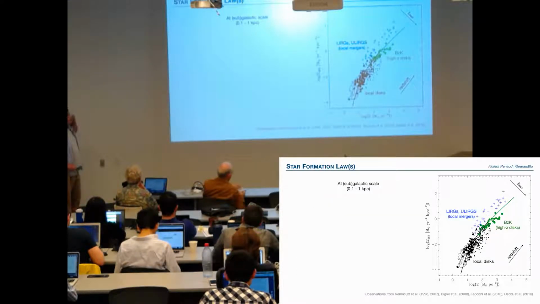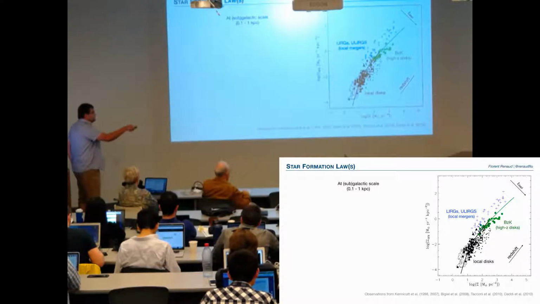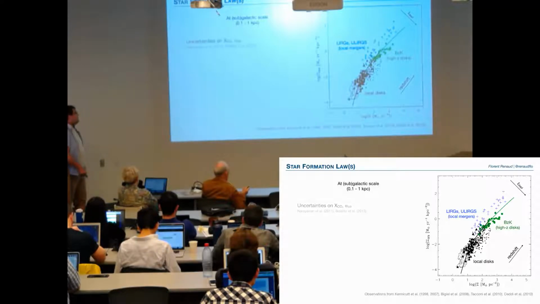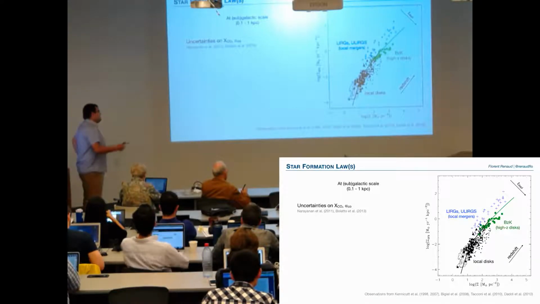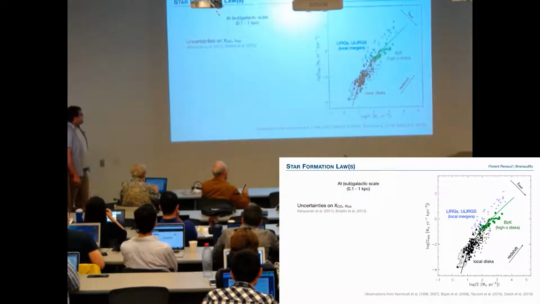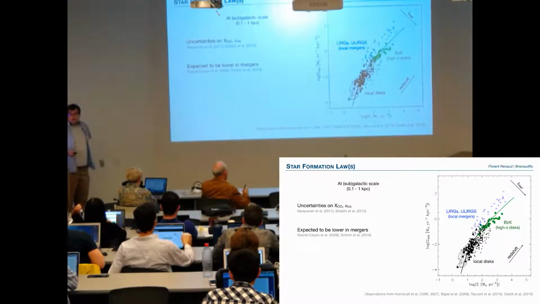However, if you consider galaxies that are more active at forming stars, like the LIRGs and ULIRGs, local mergers, they are not exactly on this relation. Of course, you have huge uncertainties on the conversion factor between observables and more fundamental physical quantities, through the X_CO and alpha_CO factors. And these factors are expected to be lower in galaxy mergers.